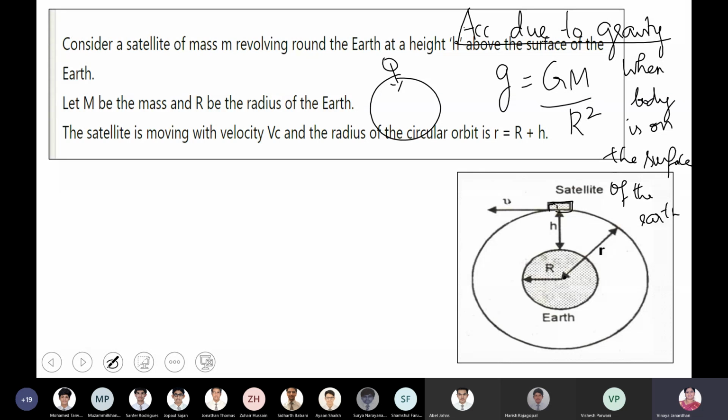Are you clear? Acceleration due to gravity when the body is on the surface of the Earth: g is equal to GM divided by R square. So I'll continue in the next class.